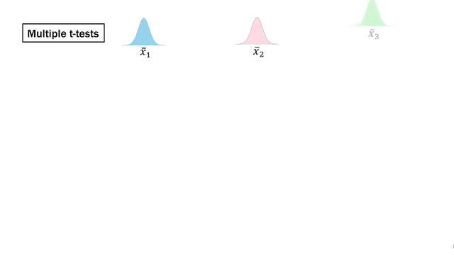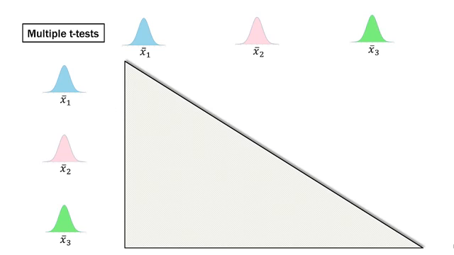So we could test all of these sample means using pairwise t-tests. So here are our 3 sample means: x bar sub 1, x bar sub 2, and x bar sub 3. Now we'll block out this part of this little matrix here because in this triangle we have comparisons to themselves and repeat comparisons. So we're only going to have 3 that we could actually do. In this first one, we could compare mean 1 here in the blue to mean 2, there in the pink.